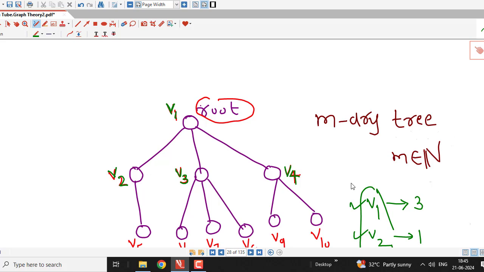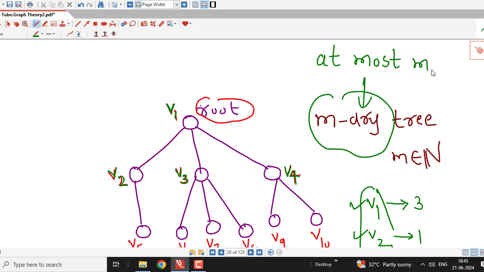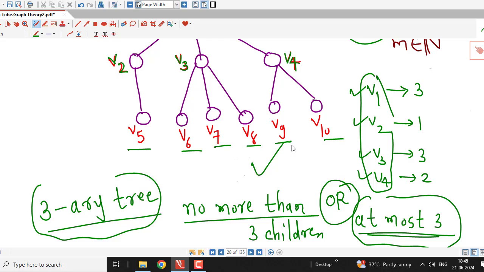So in general, the definition of an m-ary tree is that a rooted tree is called an m-ary tree if every internal vertex has at most m children, or no more than m children. That is the definition of an m-ary tree.